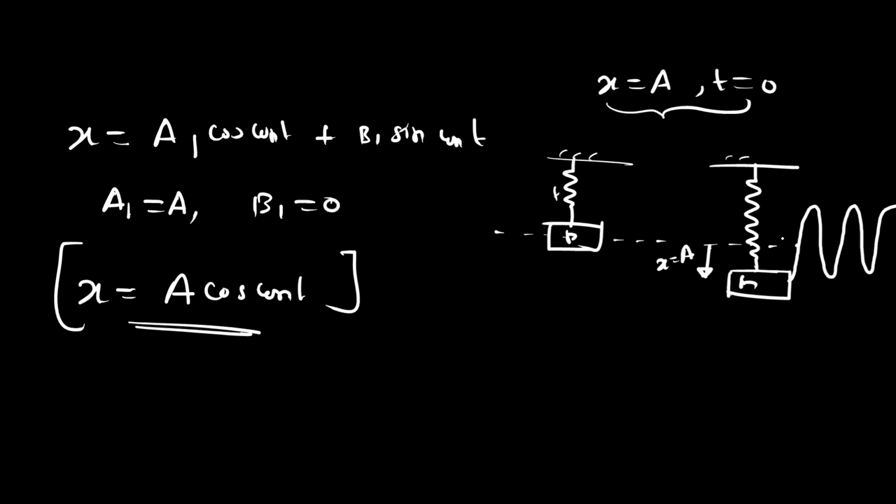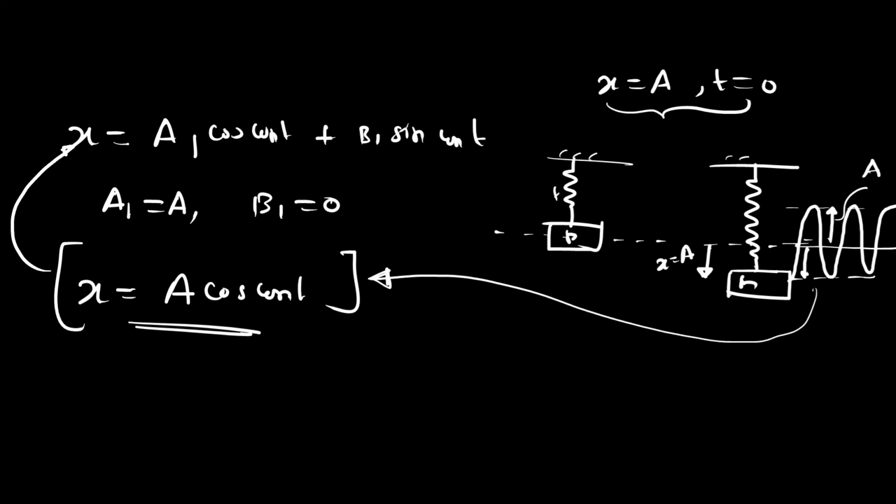If you plot the waveform on graph paper for this mass, it will be like this. With respect to the mean position, if you measure any maximum displacement, it has to be A, equal to the initial displacement. This waveform is mathematically represented by this equation, and it is derived from this equation.